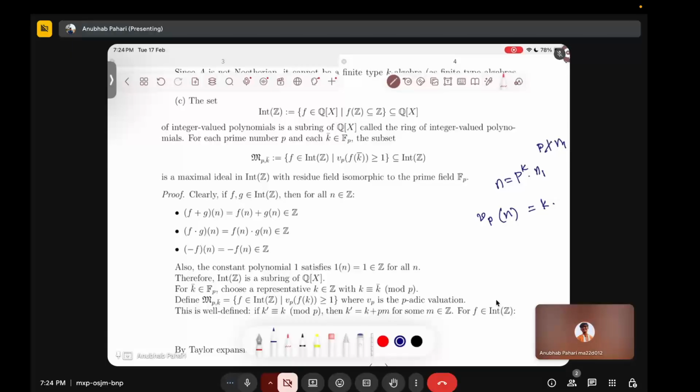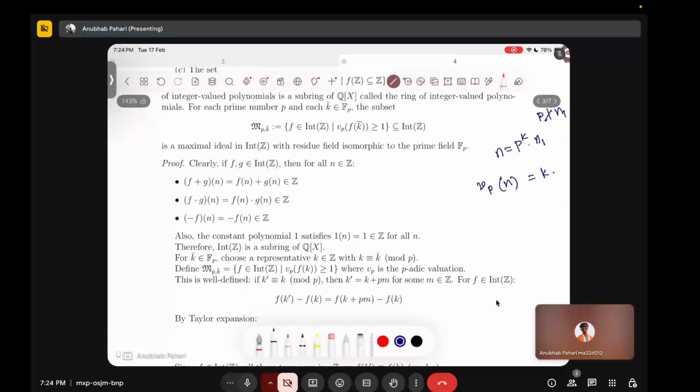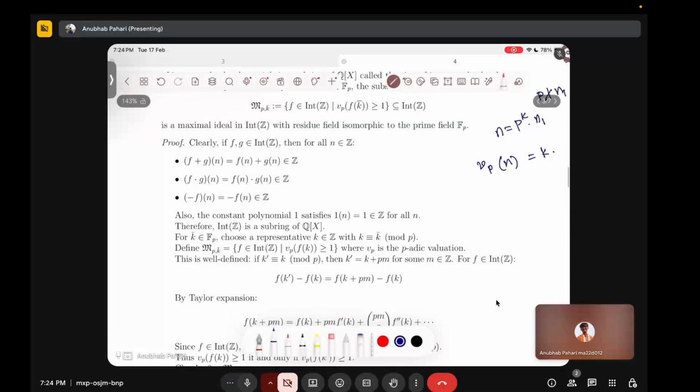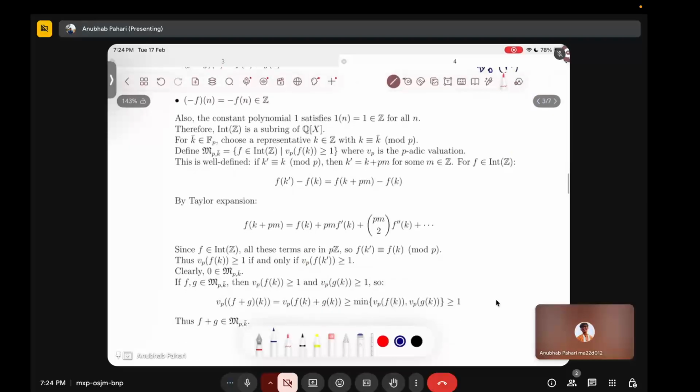So it is clear from that, if this happens, then this happens, right? Because they are equal mod p means the p-th power is exhausted in both of the values. Therefore this is true, right?